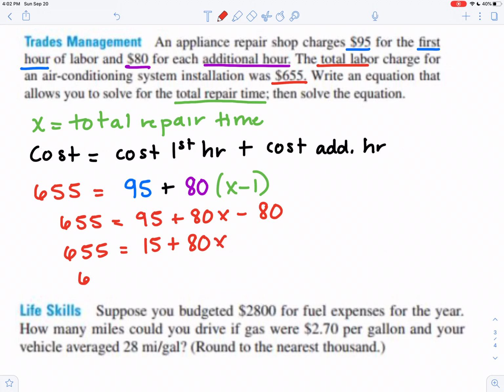Subtract 15 from both sides. 640 is equal to 80x. And then divide both sides by 80, and I get a value of x of 8. Now again, we're looking for the total repair time, which is the value of x. So the total repair time here would be 8 hours.